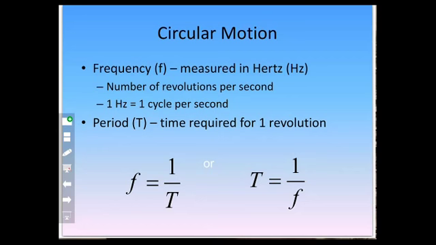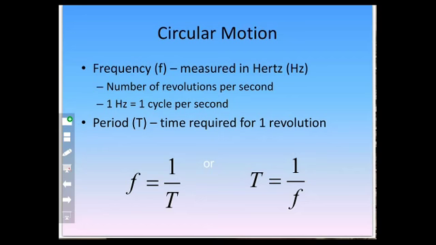But it refers to the number of cycles or the number of events occurring per second. In the case of circular motion, it's revolutions, or times around the circle. So 1 hertz means that it takes 1 second for the object to move around that circle completely.